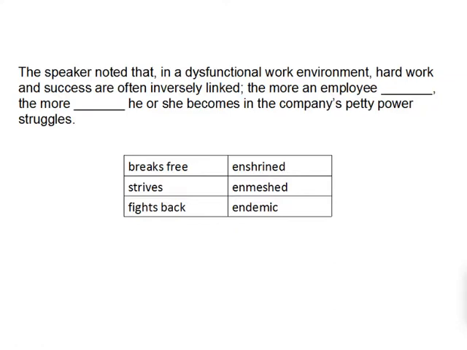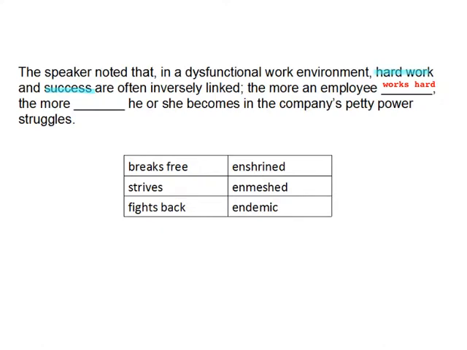So notice also in the very beginning, we can recycle the words that they've already given us. So if we know, for example, that hard work and success are the two items being discussed here, then in the first blank, we can go ahead and put "works hard."